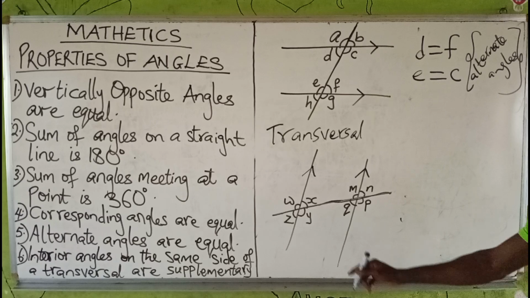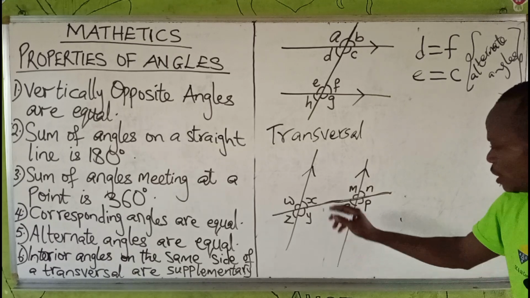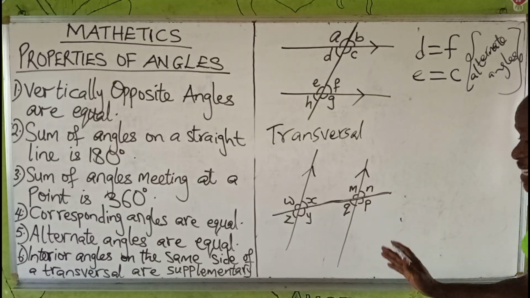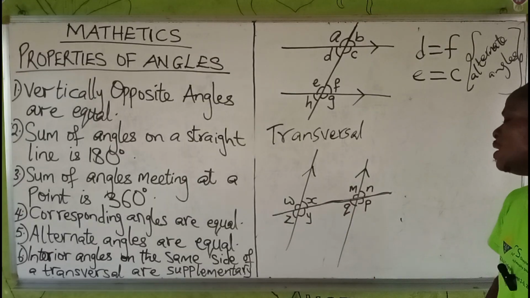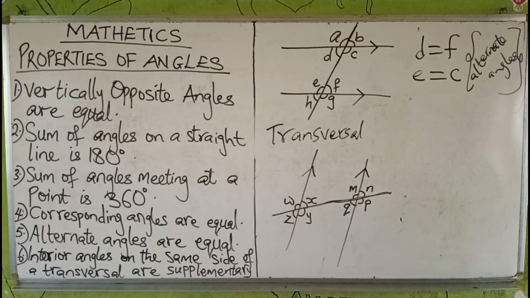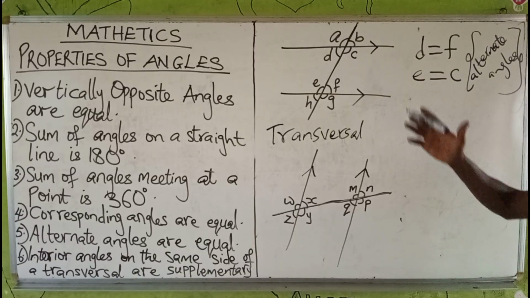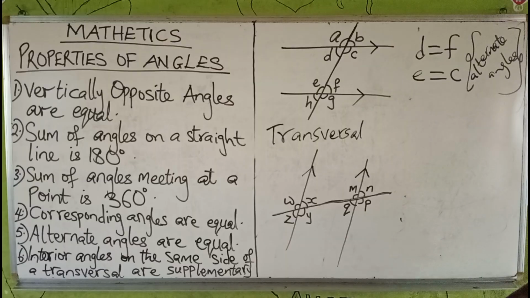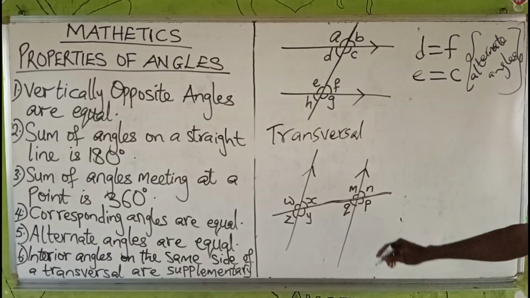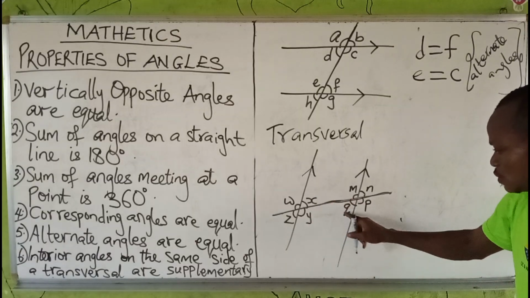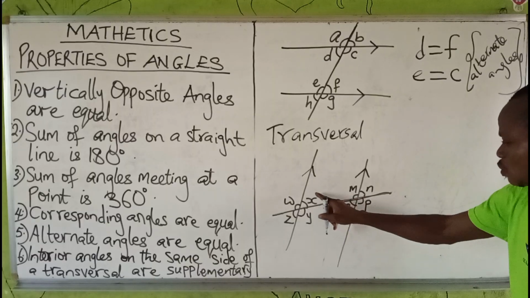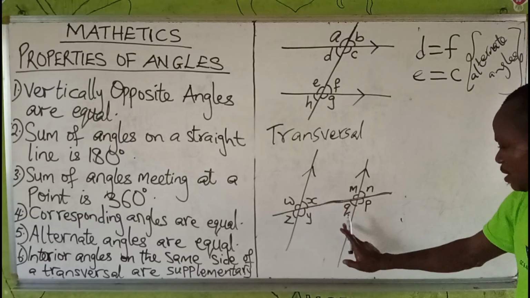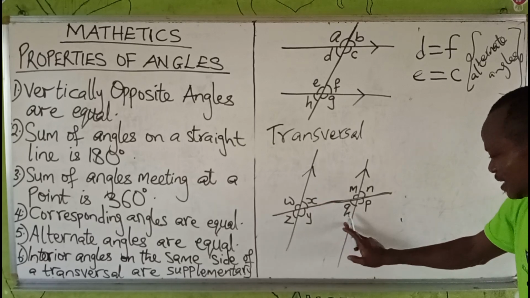Let's bring it here. If we look at this one, we have the two parallel lines here, and the ones enclosed inside are X, Y, M, Q. Now, like I said, for two angles to be alternate, they must be at the reverse side of the transversal. Now, in this transversal, if we look at these two angles, they are at the opposite sides. This one is, let me say, up, down, up, down.